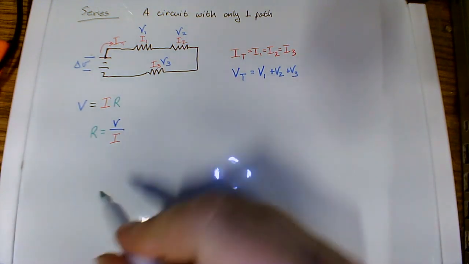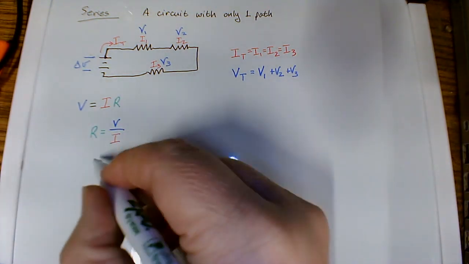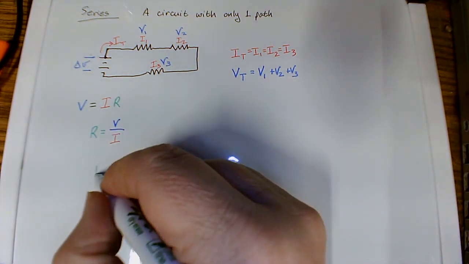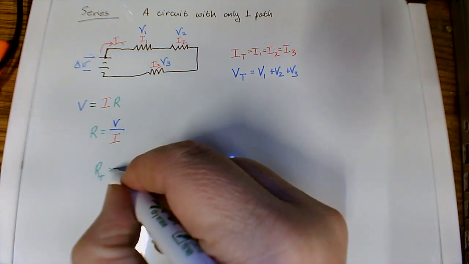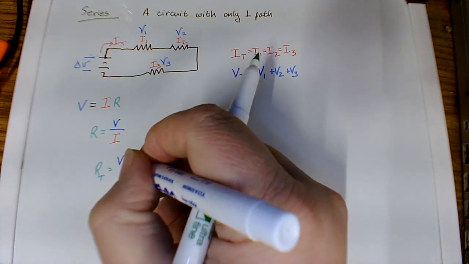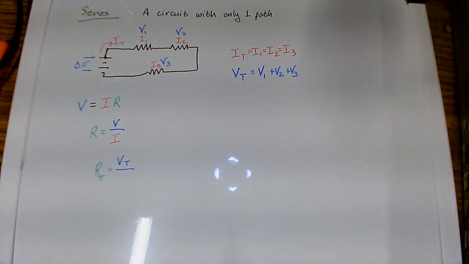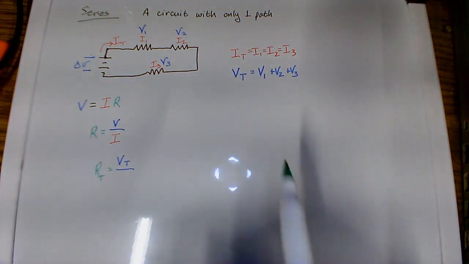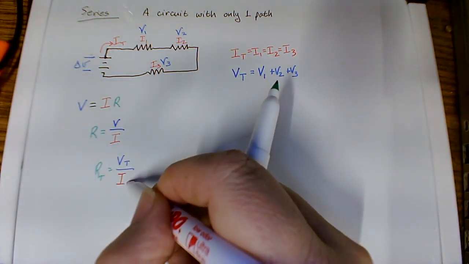So that tells us that in this case here, the total resistance is going to be equal to the total voltage over the total current.